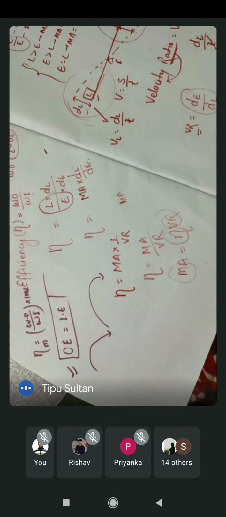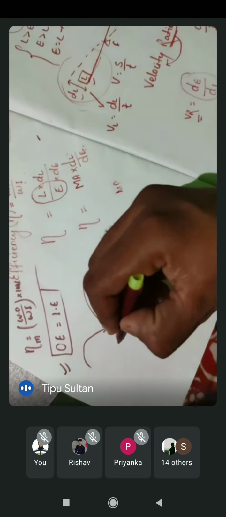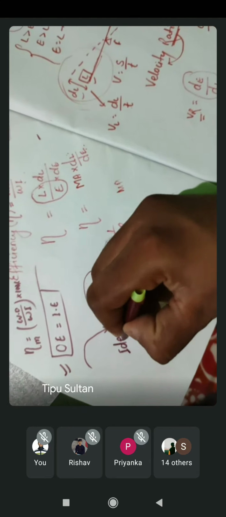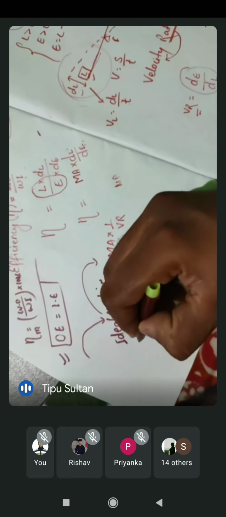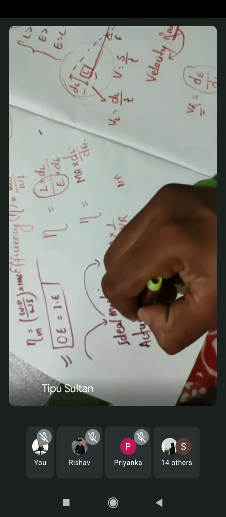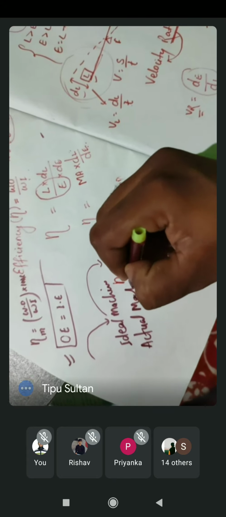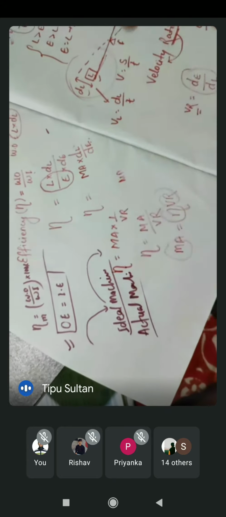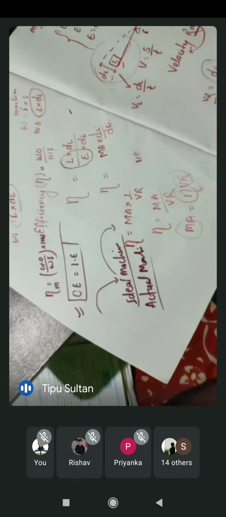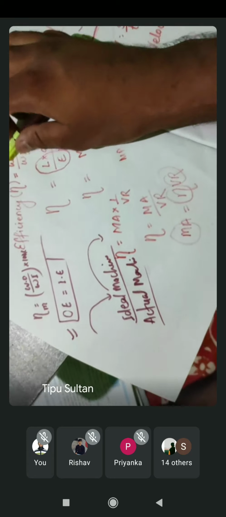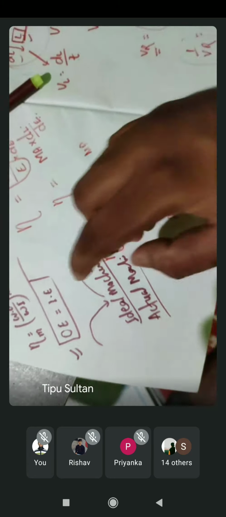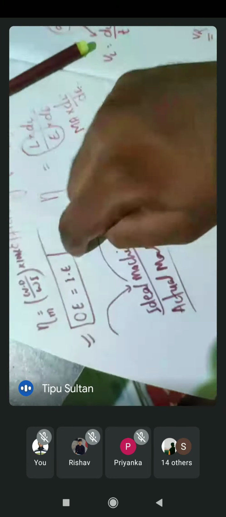Now there are two types of machine. Number one, ideal machine, and number two, actual machine. What is ideal and what is actual? Ideal machines are those which work properly and follow the principle of machine.